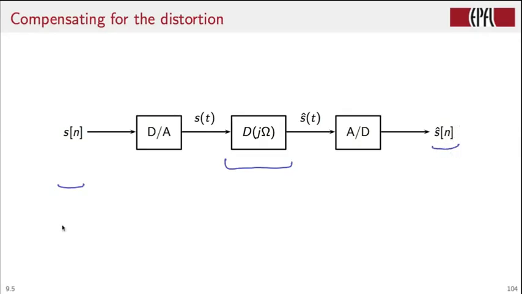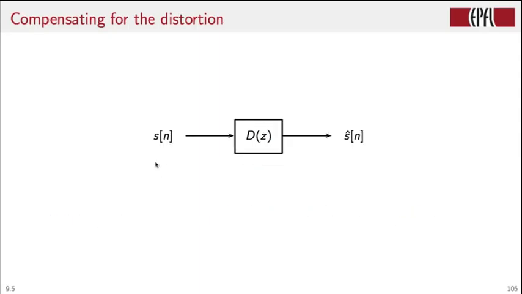But now we have seen in the previous module that this block diagram can be converted into an all-digital scheme where our bandpass signal S of n gets filtered by the discrete time equivalent of the channel and gives us a filtered version of the bandpass signal as it would appear inside the receiver.